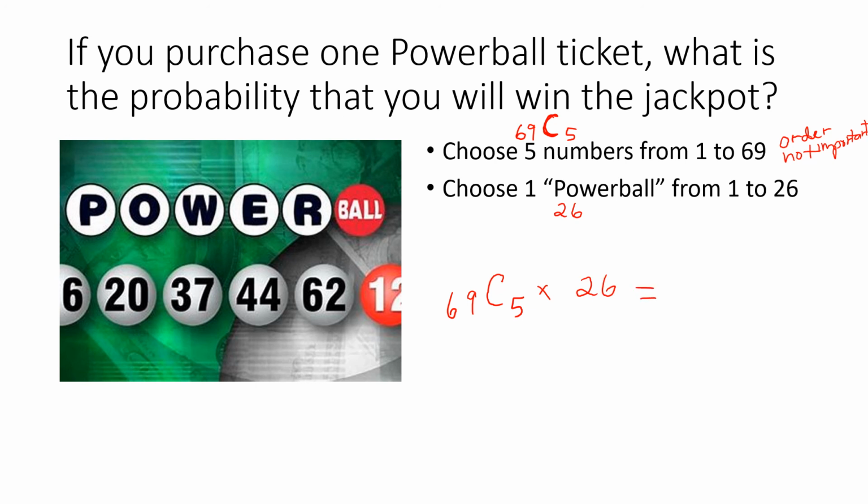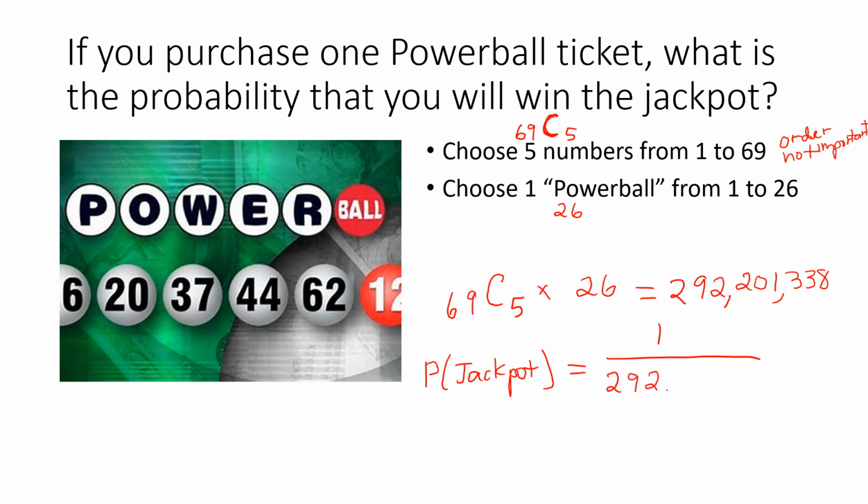This is going to give me 292,201,338. So the probability of winning the jackpot is that you have one number out of 292,201,338 possible outcomes. That's the probability of winning. So pretty unlikely.